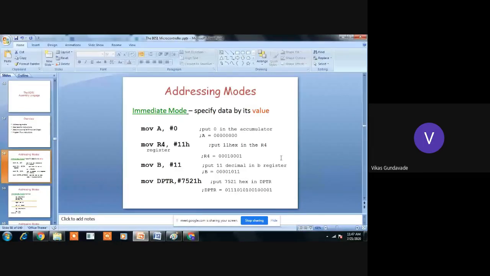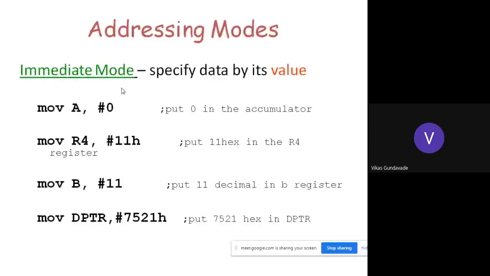Okay, so one example is given here. See, the first instruction is MOV A, #0. Always keep in mind, in the immediate addressing mode, the new data is first represented by hash and then the value is given. So here our first example is MOV A, #0.